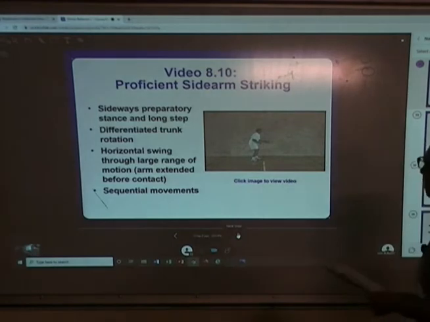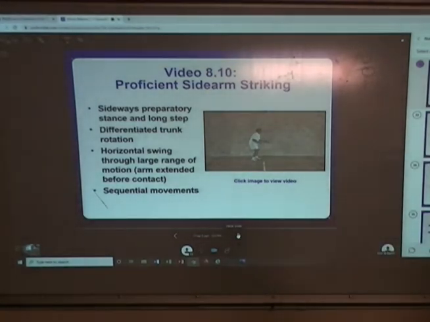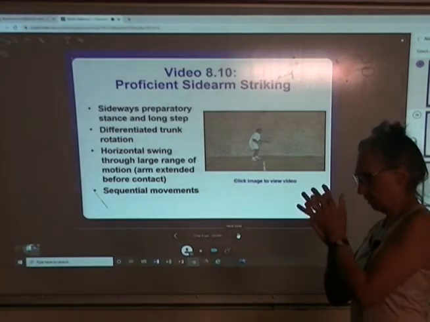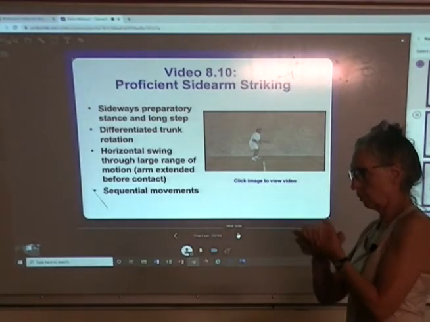So, now when you look at sidearm striking, I think this is quite interesting because to me it feels a little bit out of date, the literature on sidearm striking.